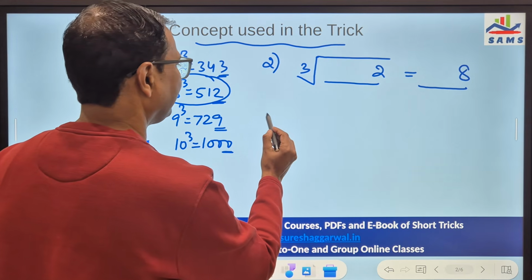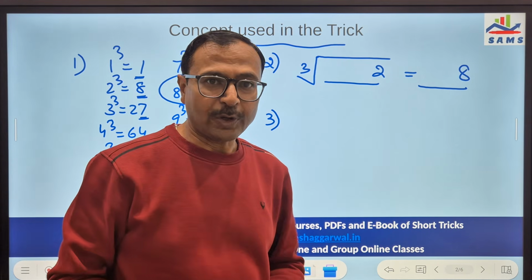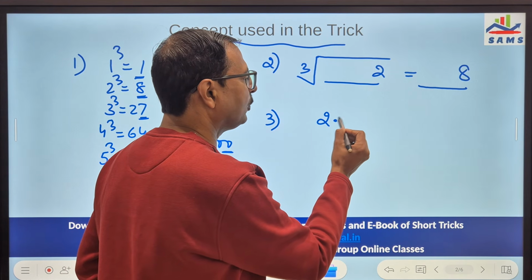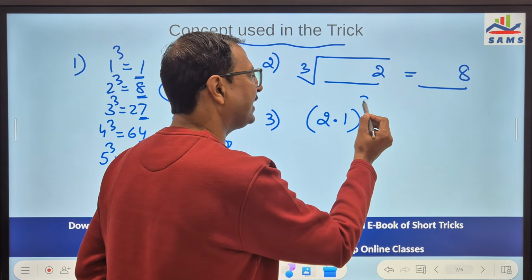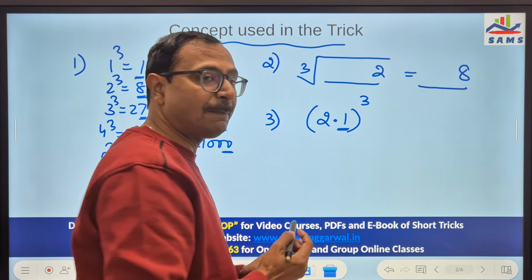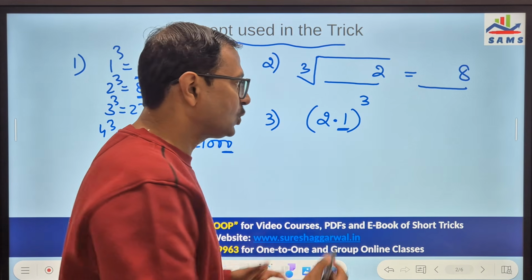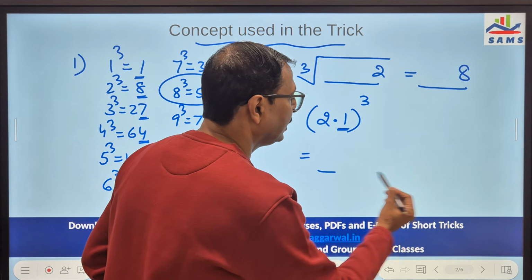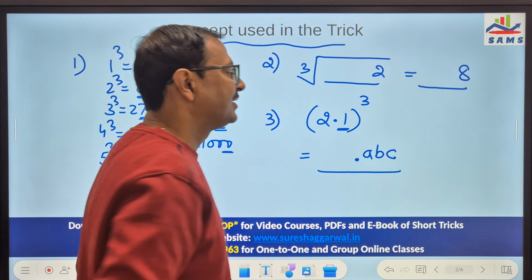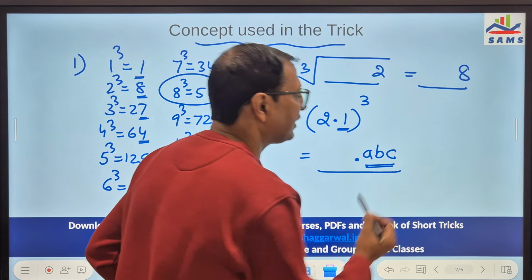And the third is the most important part. Suppose I am finding the cube of 2.1. Since we have only one decimal place in the base here, when I find the cube, after decimal you will have 3 digits and it forms a triplet after decimal.